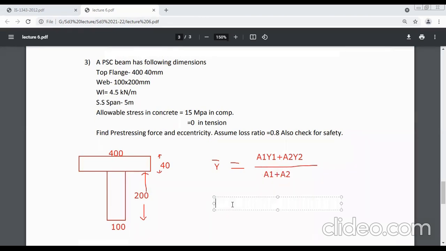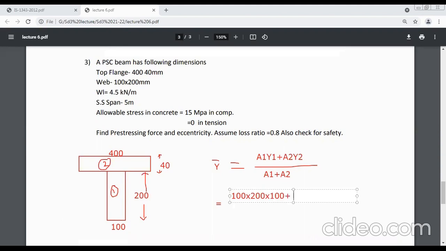So write down. First of all we divide it into two parts. The web we consider part 1, the flange we consider part 2. So A1 is 100 into 200 mm. Y1 is measured from the bottom side, so 200 divided by 2 is 100 mm.